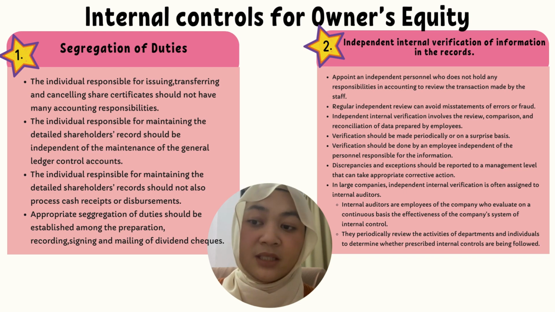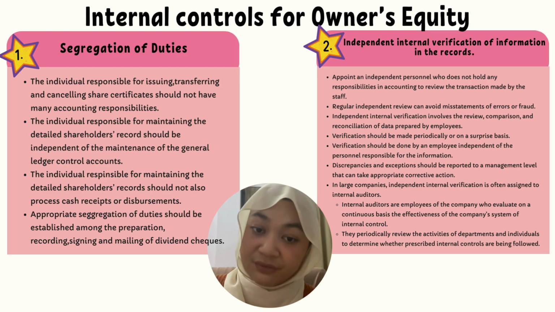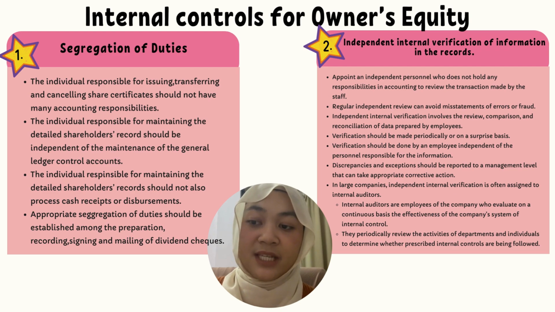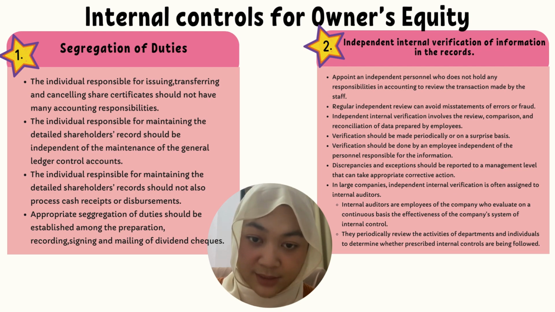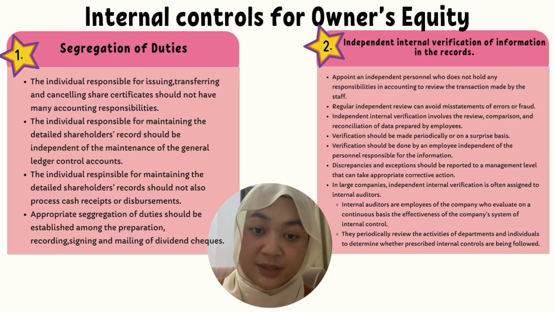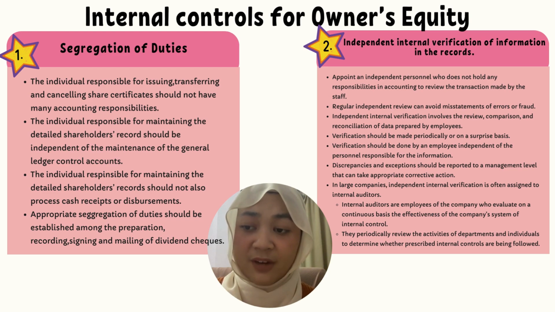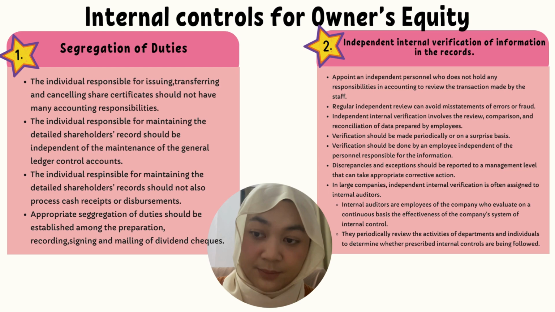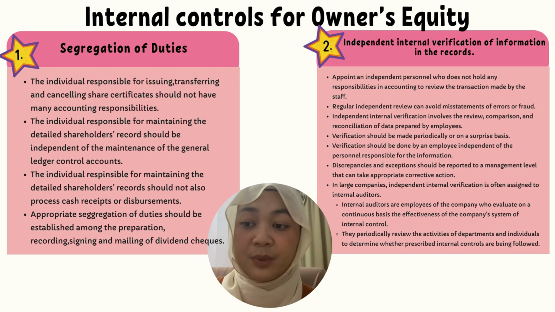Besides that, independent internal verification involves the review, comparison, and reconciliation of data prepared by the employees. Verification should be made periodically or on a surprise basis. Verification also should be done by an employee independent of the personnel responsible for the information. Discrepancies and exceptions should be reported to a management level that can take appropriate corrective action.